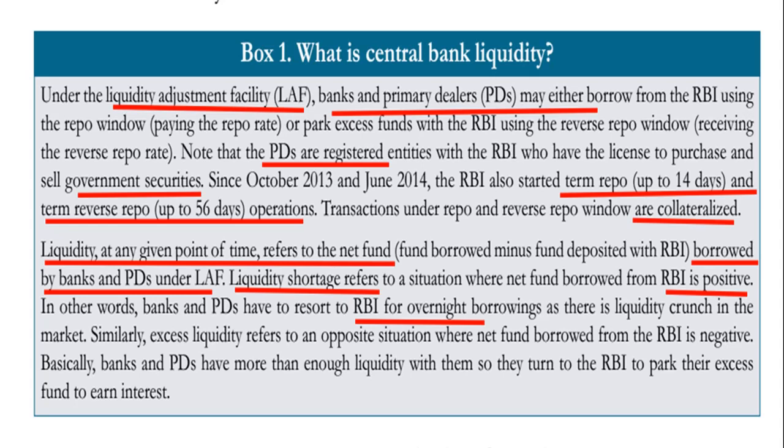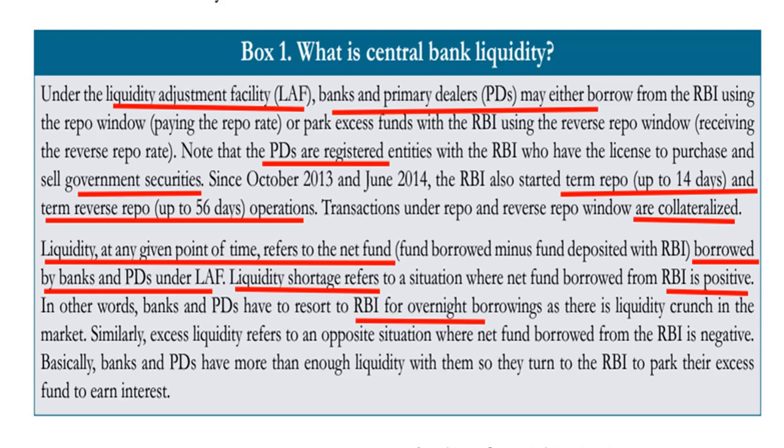So it is very important that repo and term repo are two different terminologies or concepts. Term repo is the liquidity adjustment facility for a particular span of time, but the normal repo is liquidity adjustment for the overnight liquidity situation of the bank. So this is the very important difference to be noted here.